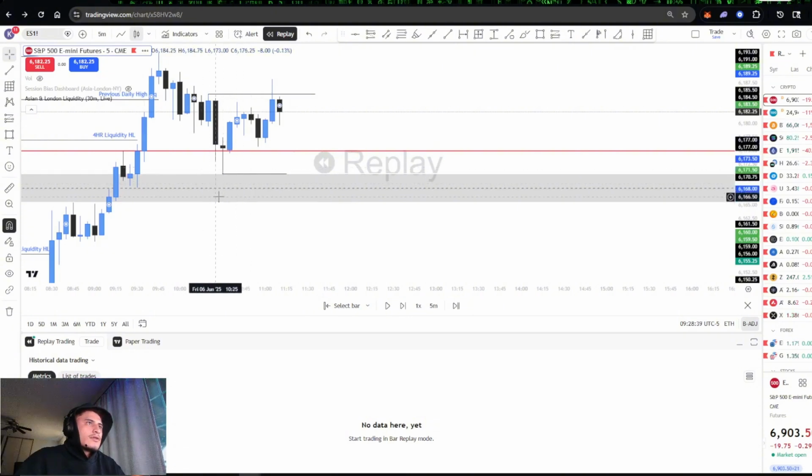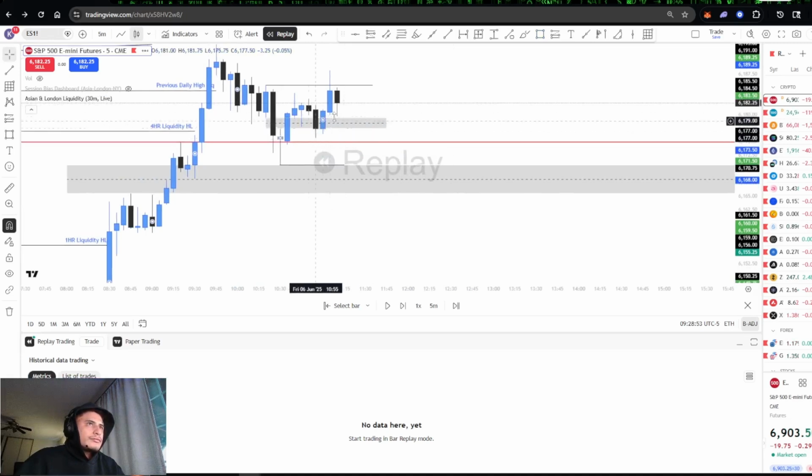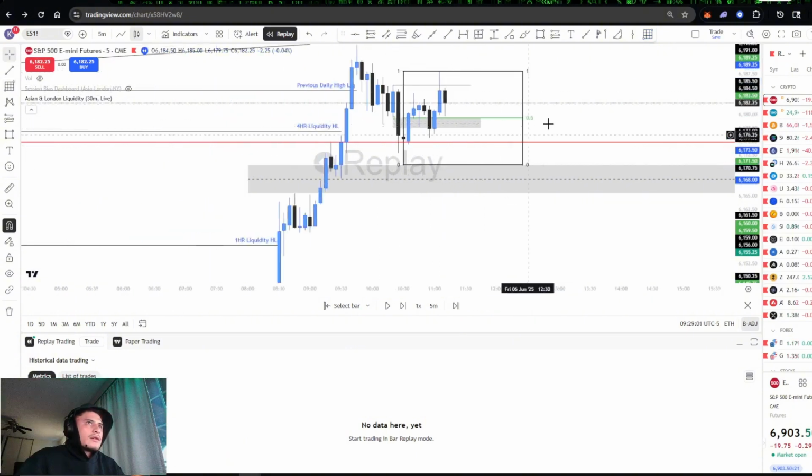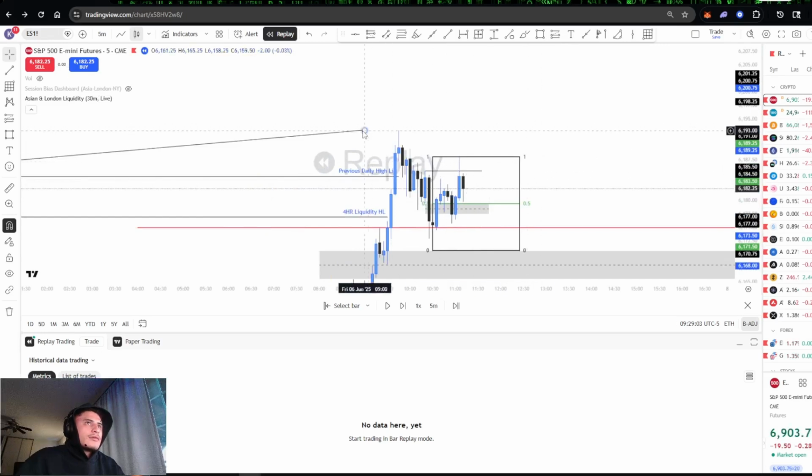We just touched this fair value gap. That's the only thing that I'm concerned about. Do we see another fair value gap? I mean, we see this little impulse candle right here, but is that really a fair value gap? Traced it back up. So if we can reach it back down to that side, we can aim to highs.